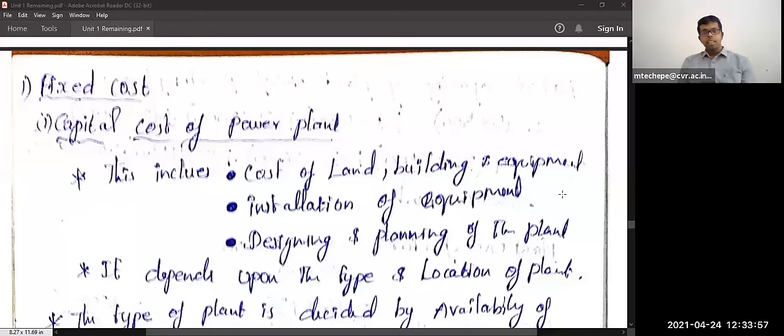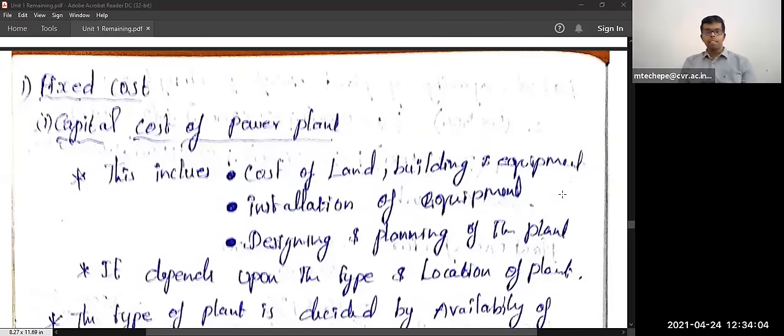Even the generators are 70 years, 60 years, 50 years old, and still they are running. Why? Because we go for frequent maintenance.